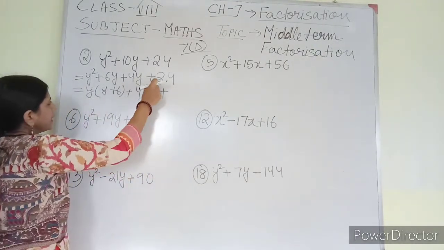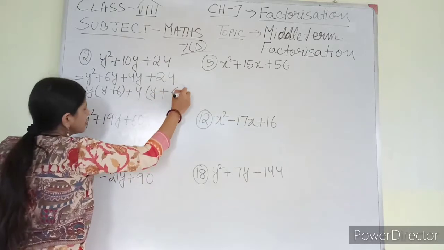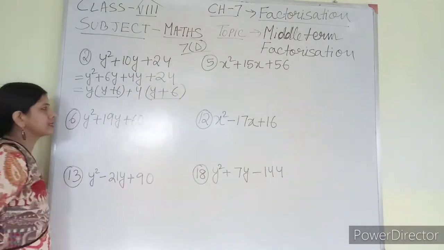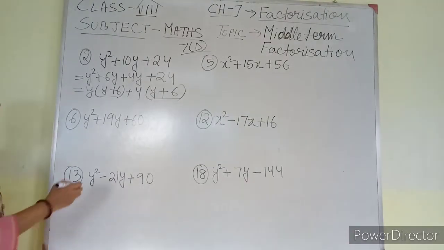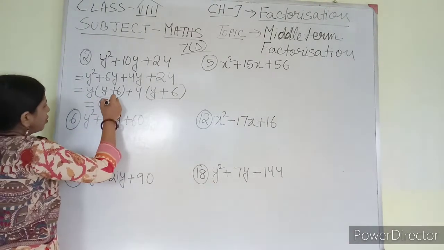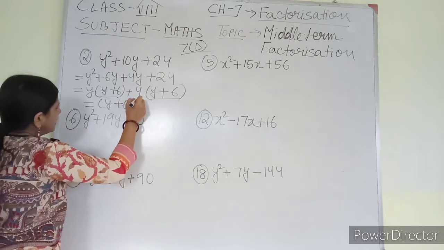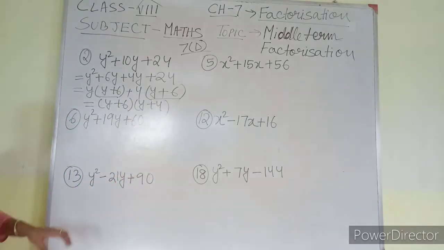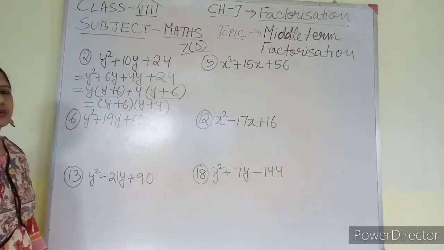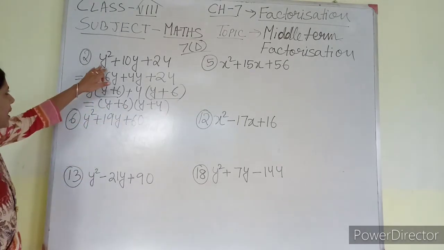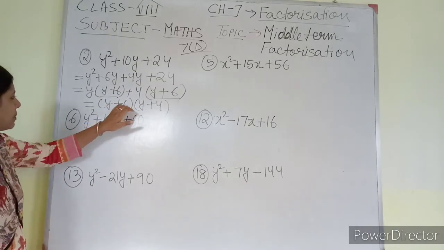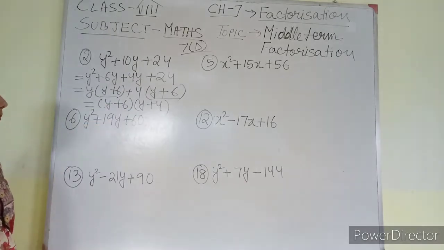Y. 4 into 6 is 24, so 6. Now y plus 6 and y plus 6 are the same terms, so it is common. So y plus 6 is common and the other is y plus 4. So my answer is y plus 6 into y plus 4. That means y square plus 10y plus 24 has two factors, y plus 6 and y plus 4.